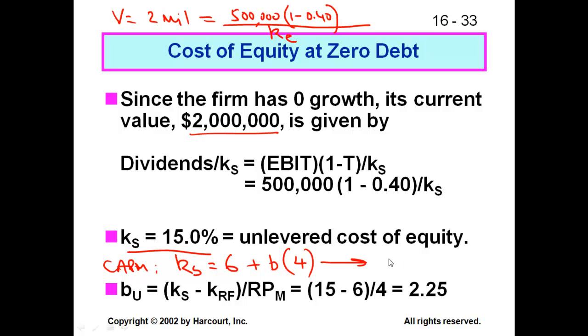Using basic algebra, you can figure out that beta is equal to 2.25. So notice here you have already used material from your basic time value of money, which was perpetuity, and now you've also used material from your earlier reading on CAPM. So you've come up with your beta.